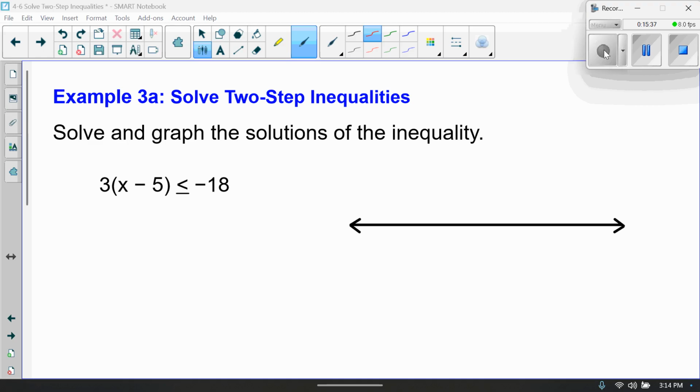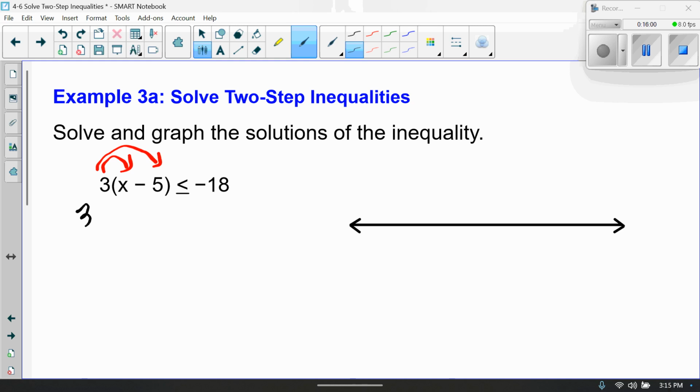So example 3, we want to solve and graph this one. Now, this is nothing that we haven't seen before, right? How do I get rid of my grouping symbols? Distributive property. Very good. So here, we're going to distribute the 3 throughout the parentheses.